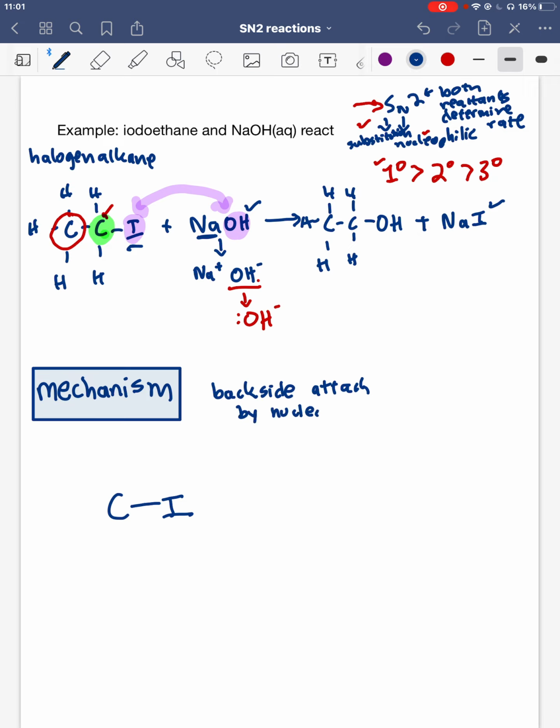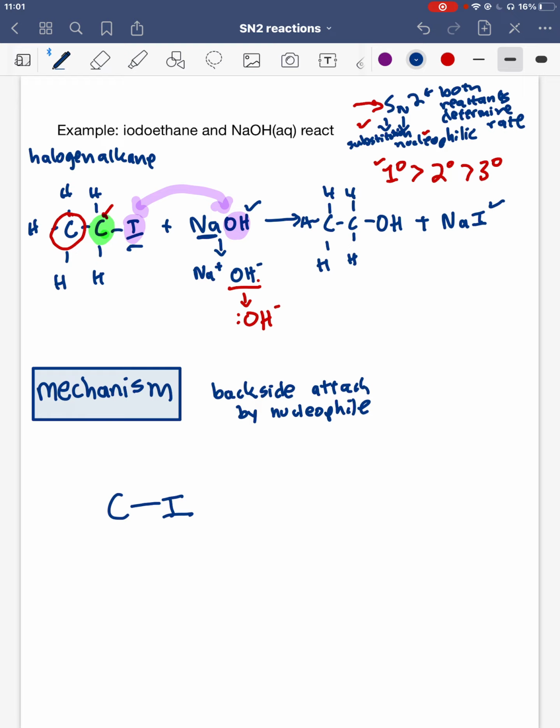I know that sounds a little silly. Backside attack. It sounds like a video game perhaps, but that is indeed what it's called. All right, so I'm going to draw everything that's around the carbon in a way that would allow the carbon to receive that backside attack.